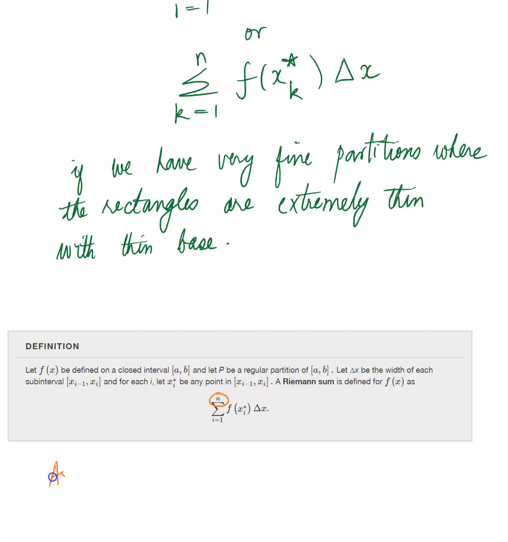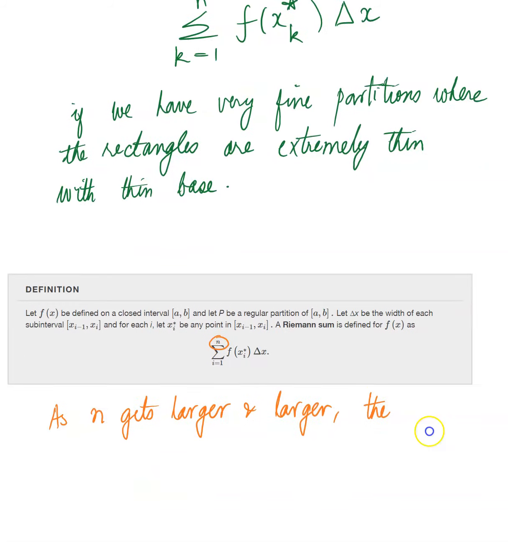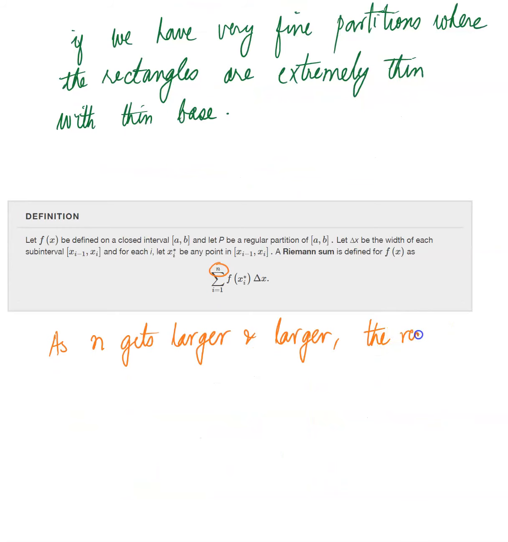Okay, so as n gets larger and larger, the rectangles get thinner and thinner, and that is when the assurance of the Riemann sum holds true, where he says it doesn't matter where you choose your x value, it doesn't have to be left end, right end, doesn't matter.